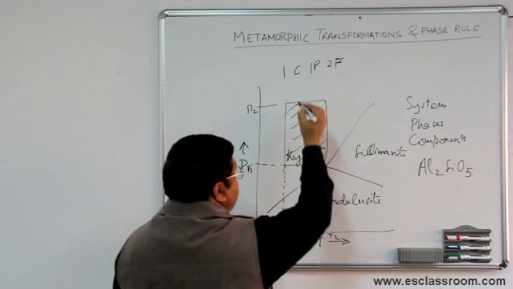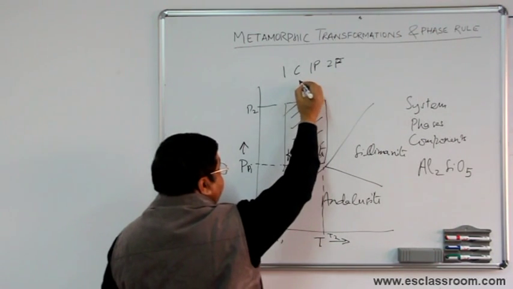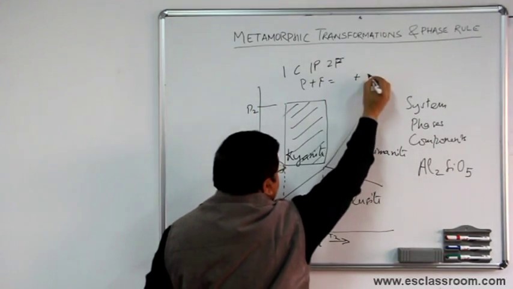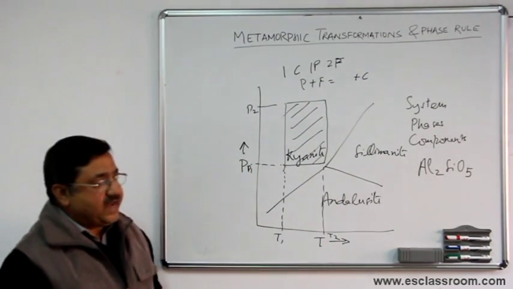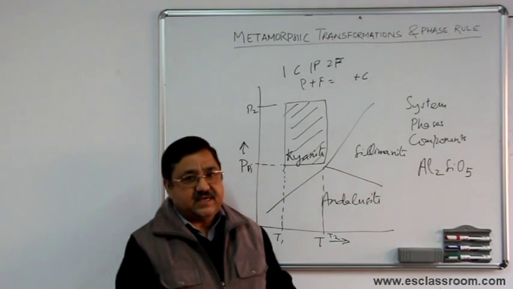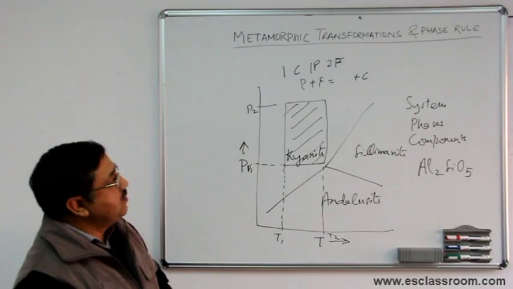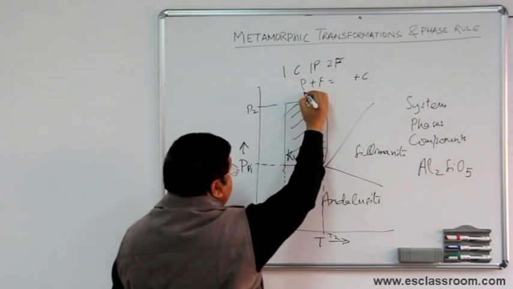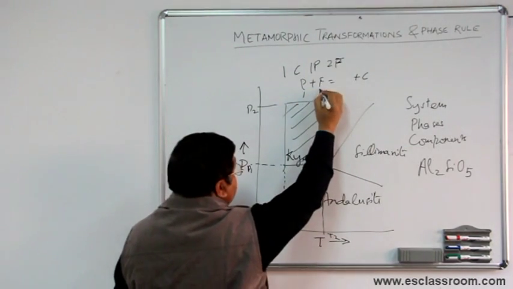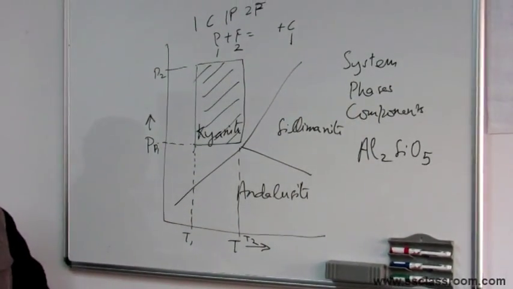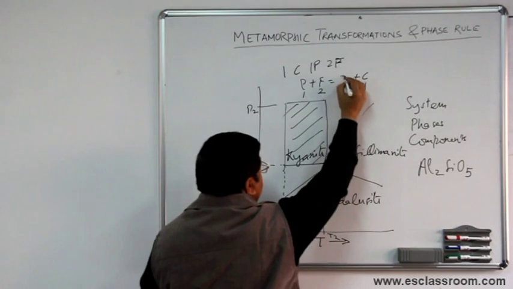And for the sake of convenience, I will just write this in a form like this, where I have related phases, degrees of freedom and components. If I try to substitute it with the numbers, then for this area there is one phase, 2 degrees of freedom and one component. To balance this equation, I need to write 2 here.